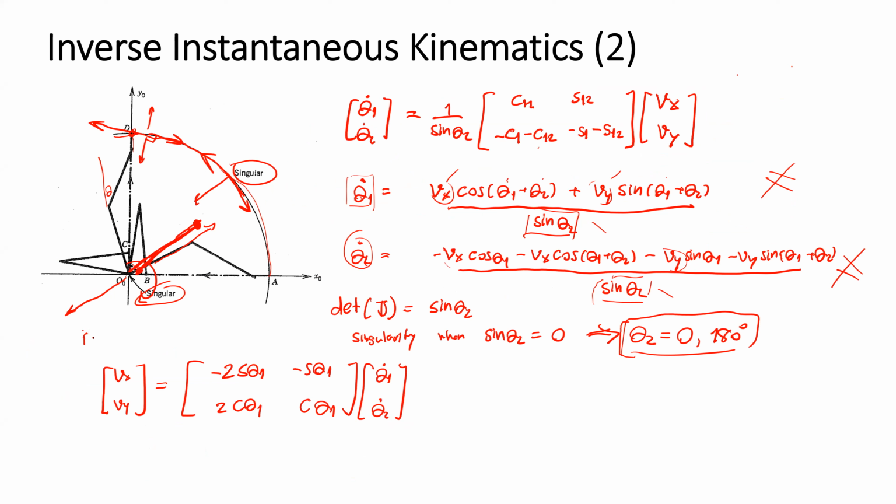If theta 2 equals 0 or 180 degrees, the Jacobian will change to this one.